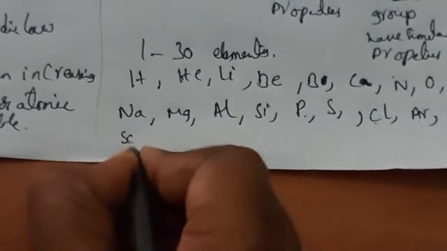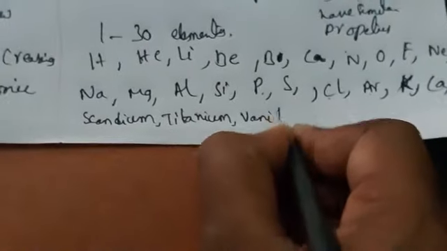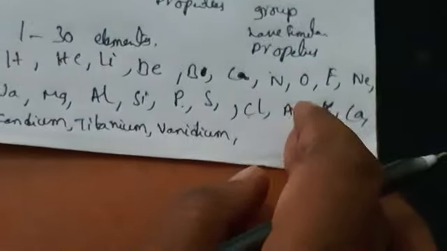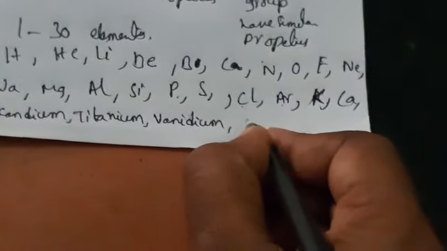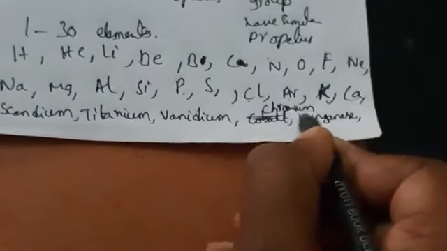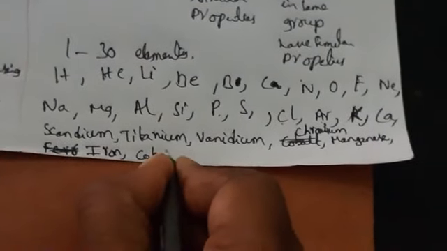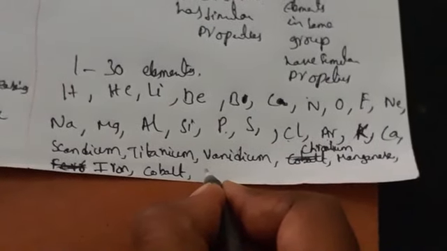Then the remaining elements from 21: scandium, titanium, vanadium, chromium, manganese, iron, cobalt, nickel, copper, zinc.